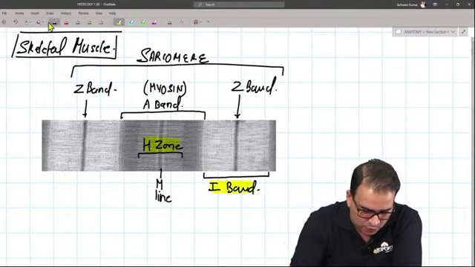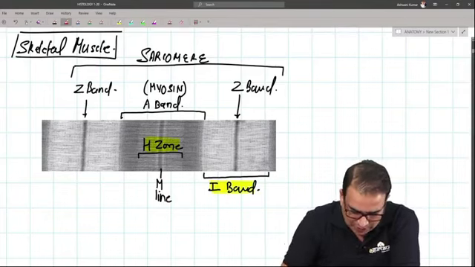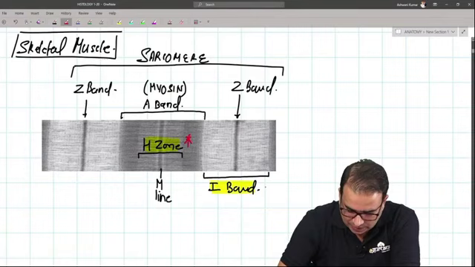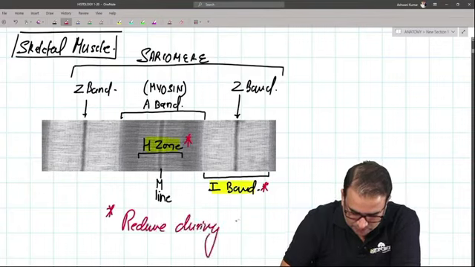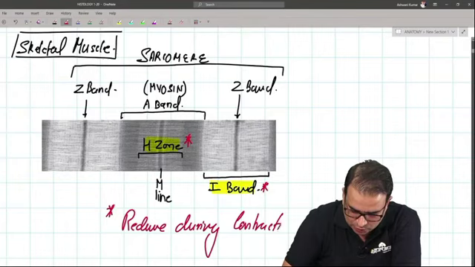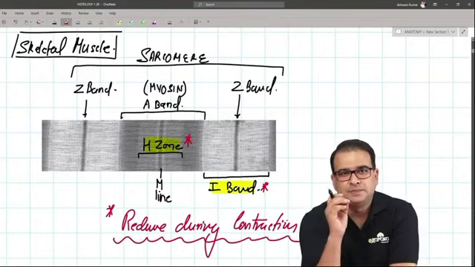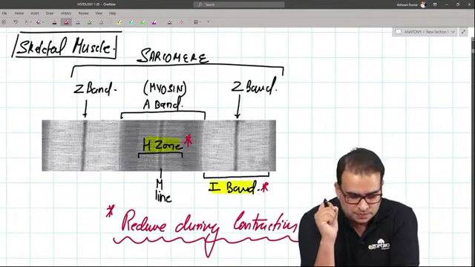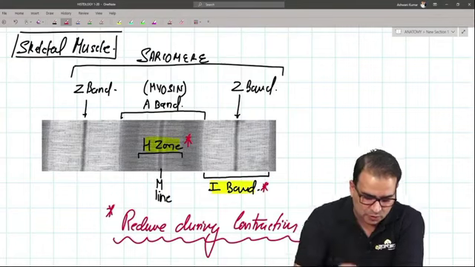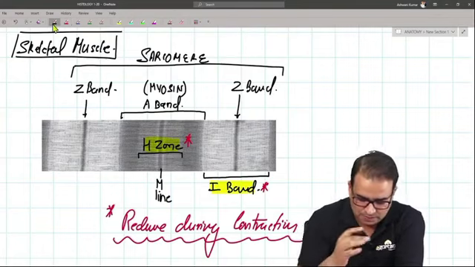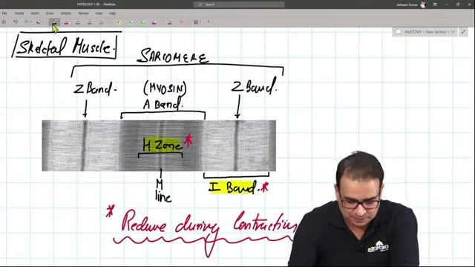So that's a point worth noting here, that the H zone and I band will reduce during contraction of a skeletal muscle. So this is about the electron microscopic image of a sarcomere and some zones and bands that you should know about.